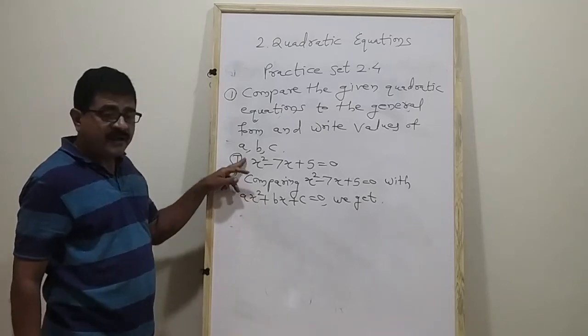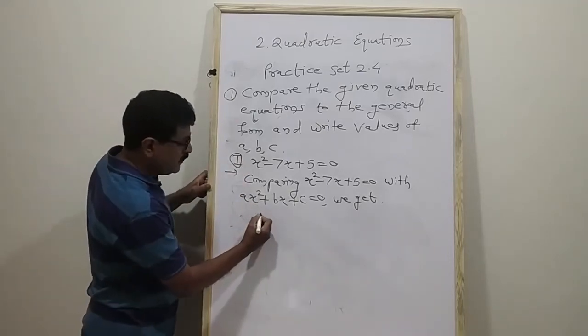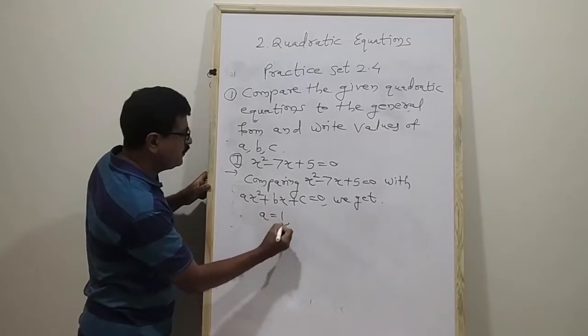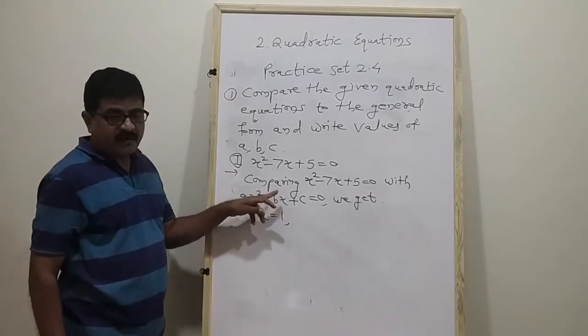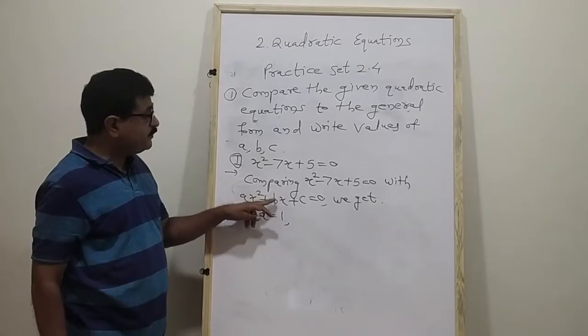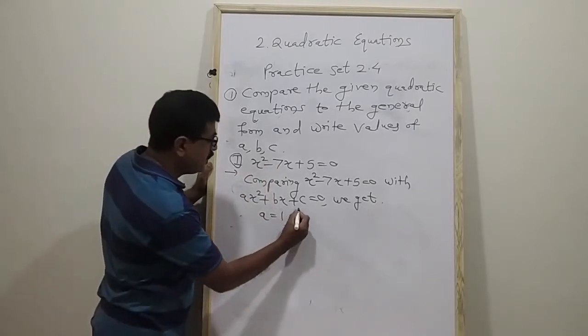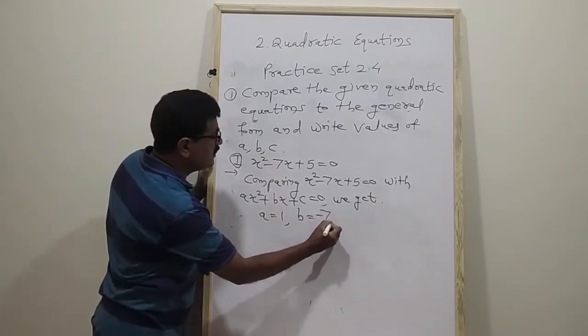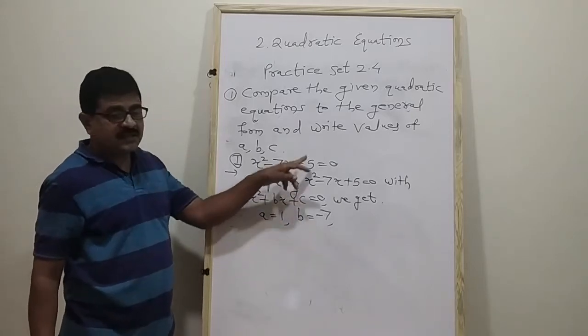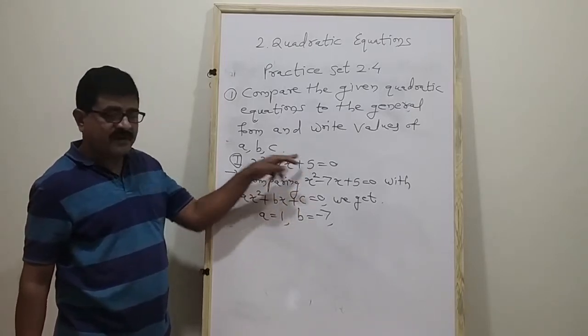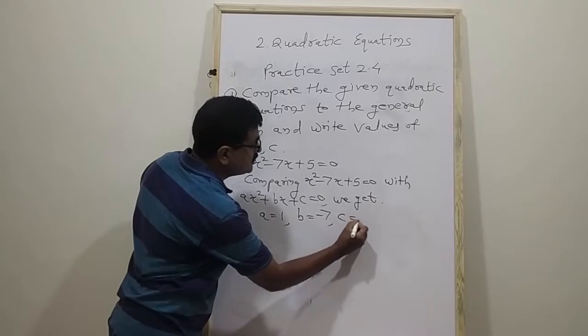Now what is the value of a? 1. We get a is equal to 1. Now comparing coefficients of x, that is b is equal to minus 7, and comparing constant terms, that is c is equal to 5.